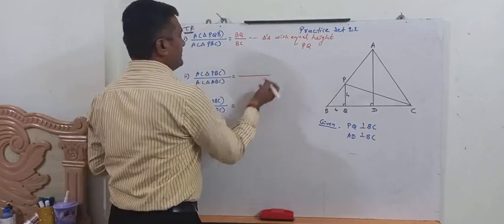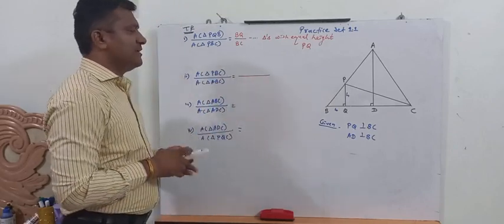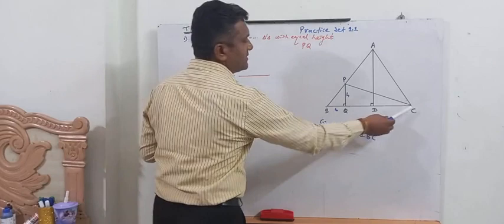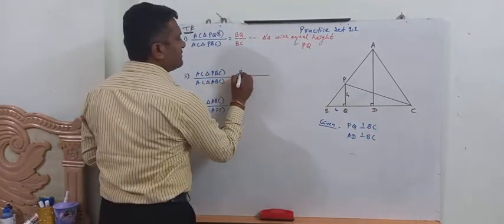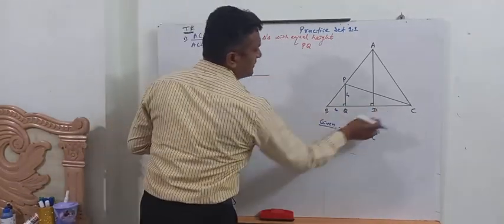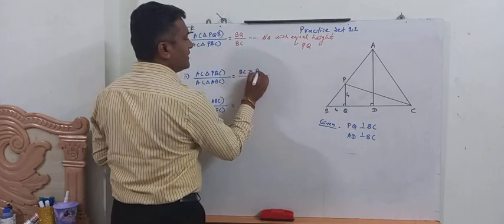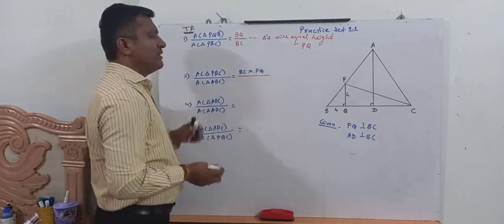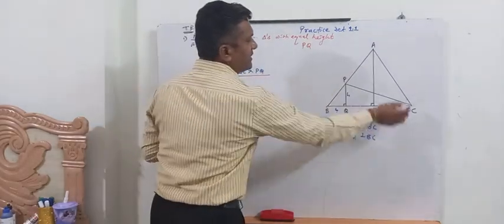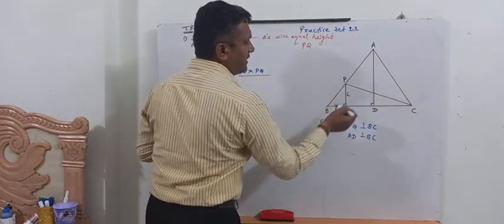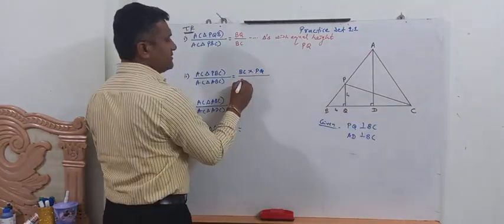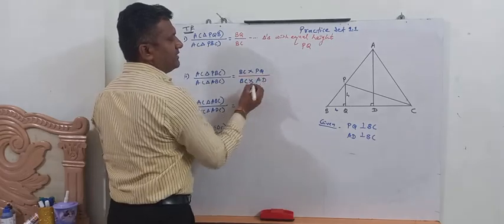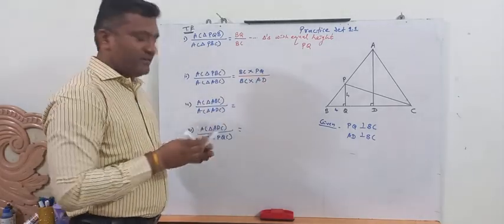Now come to the second ratio, triangle PBC again. Look at the triangle PBC. Again we have the base BC and height PQ. Second triangle ABC. Look at triangle ABC. This is the height AD and base is BC. So BC into AD, as I wrote here, this is clear.